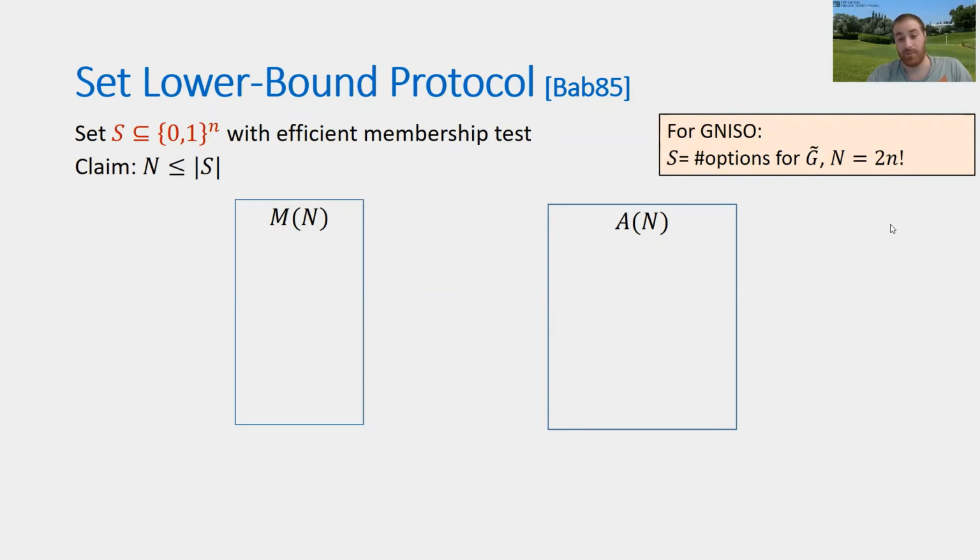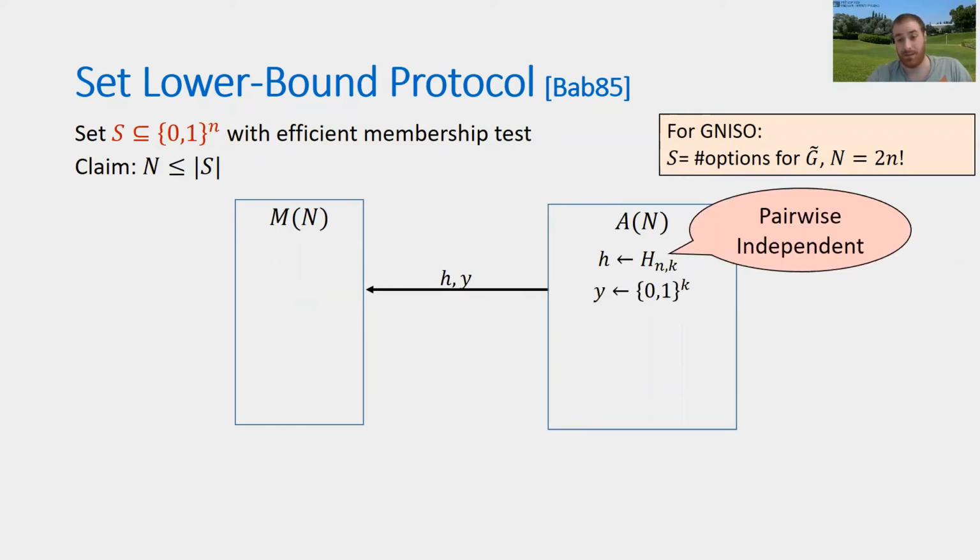The set lower bound protocol works as follows. The verifier chooses a pairwise independent hash function and some image y of the function. And the prover has to return some instance in the set that hashes to y, to the image.